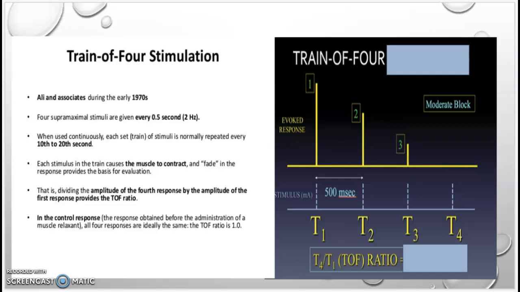Each stimulation was 0.5 second, and they found that muscle contraction from the first and fourth stimulation was almost the same if there is no neuromuscular blockade on board. But if there is any neuromuscular blockade, then there is a fade in this response, and this fade corresponds to the degree of the blockade. That's why they use the train of 4 ratio.